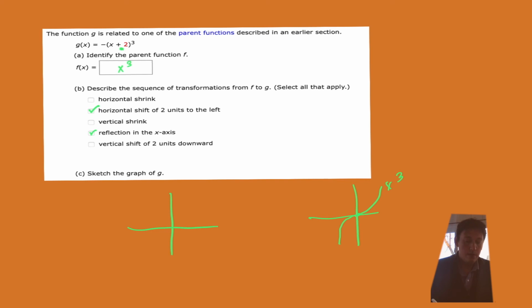I'm going to concentrate on this vertex here, or this middle here, and then go 2 units to the left. And I'm going to reflect it over the x-axis, which would make it look like this. Imagine this part being reflected this way, and then this part being reflected that way, around the x-axis. And that would give me this new graph here. So there you go, that's my answer.